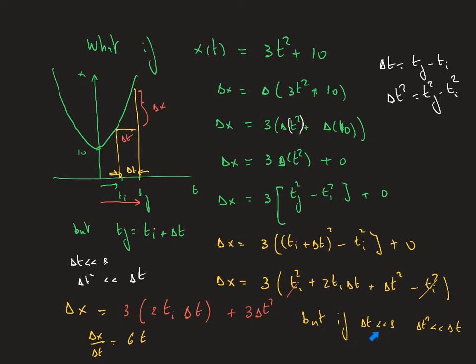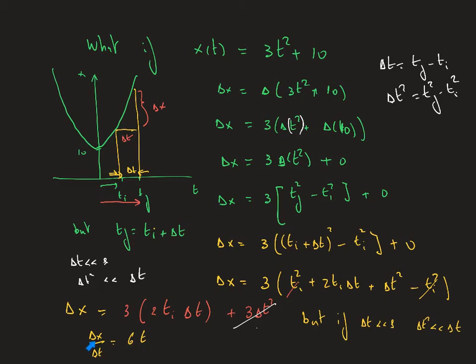But if delta t is very, very small, delta t squared will be less than delta t. So we can forget this term because this term is very, very small compared to this term that depends on delta t. So in this case, delta x divided by delta t will be 60.